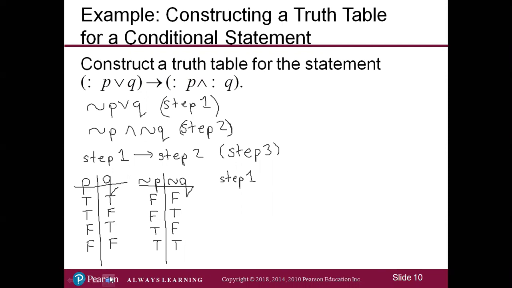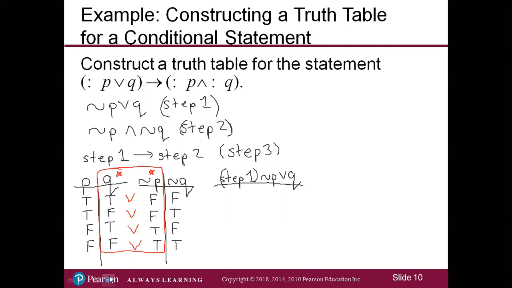Now, step 1, our left-hand side, is not P or Q. Not P and Q are these two columns starred. What we want to do is put an OR between our not P column along with the Q column.